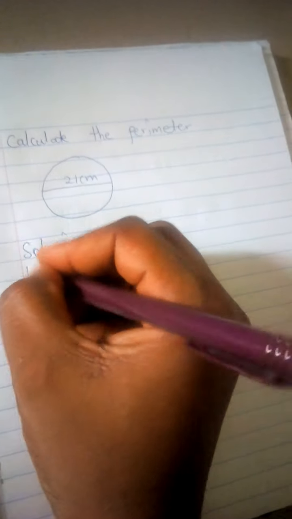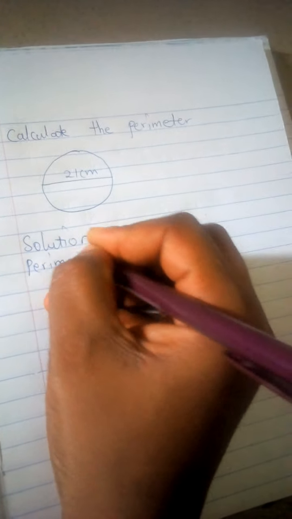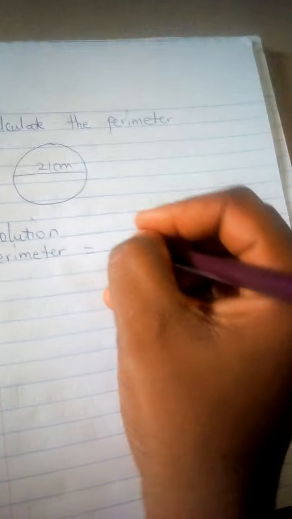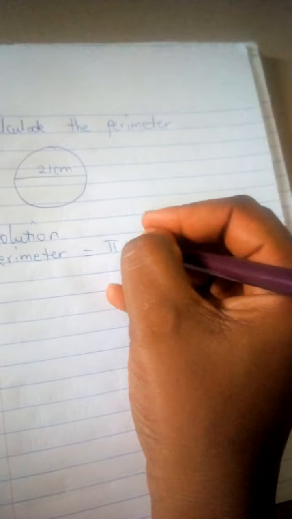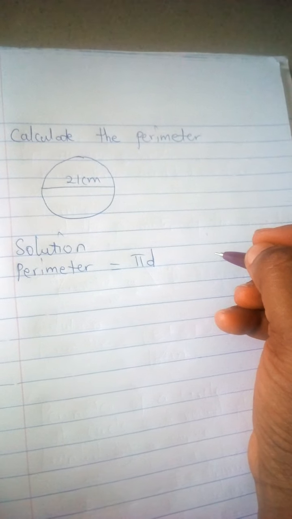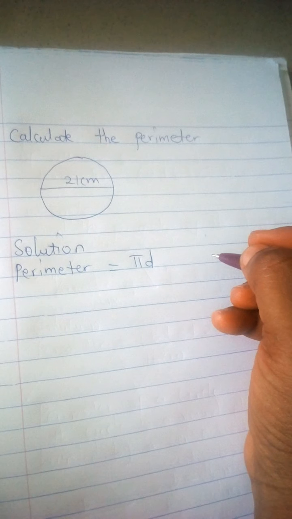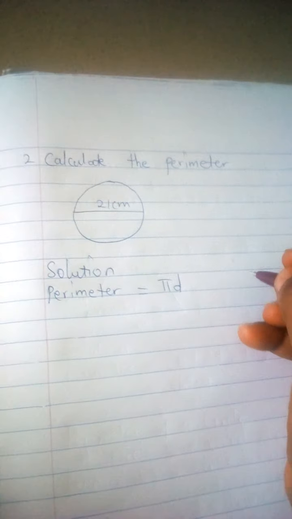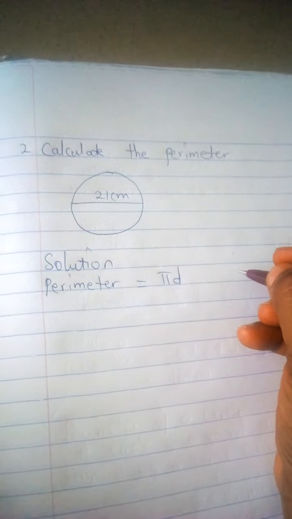Solution: the perimeter of a circle is equal to pi d, because they gave us d. D is being given. So we use the other formula, which is pi d. Remember that our pi is a constant.